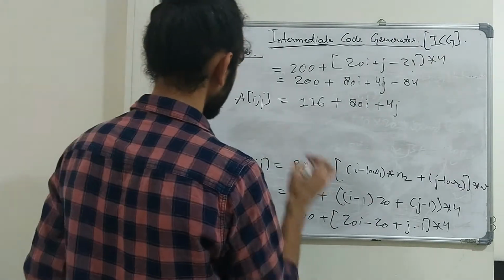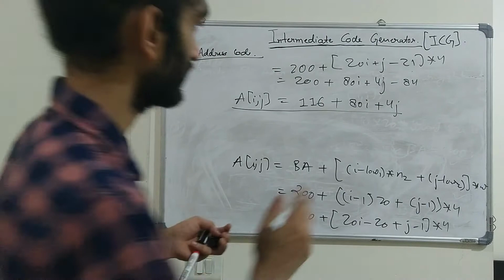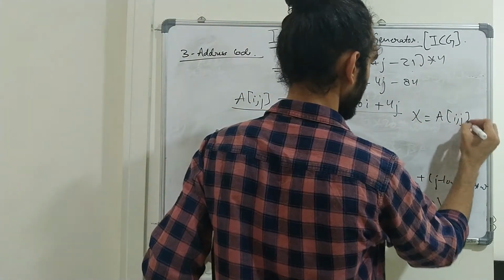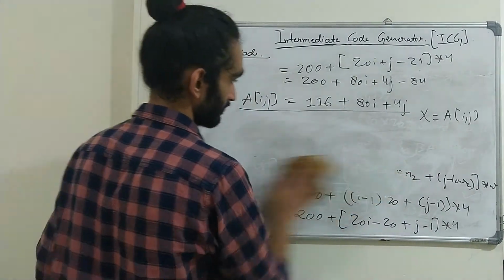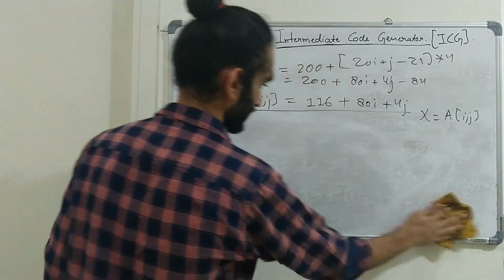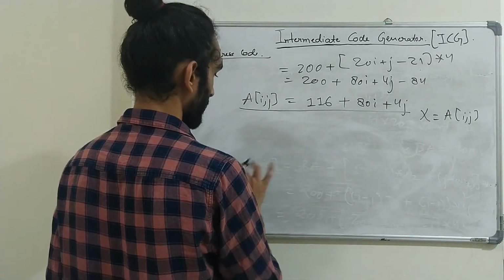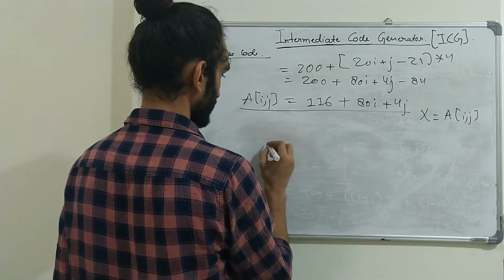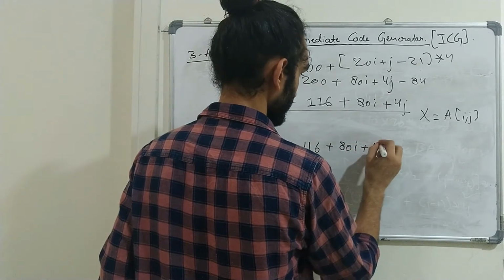Right? So the expression was x equals A[i, j], right? So now I can replace this A[i, j] with this: x equals 116 plus 80i plus 4j. Right?